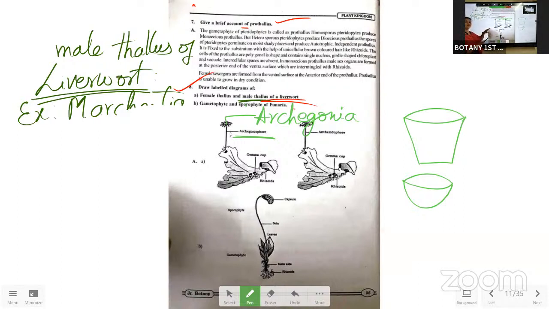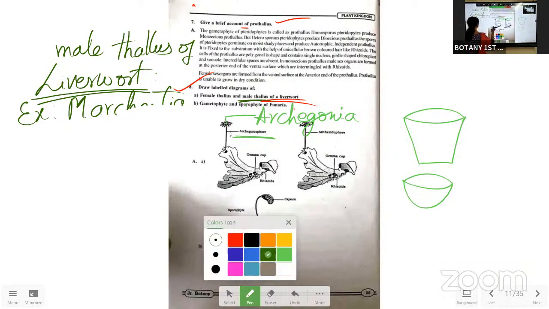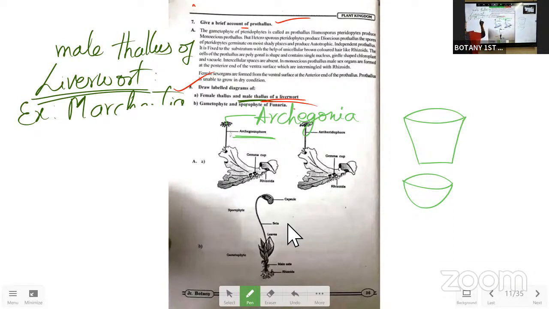Even one of my students made the same mistake. They rubbed the same diagram in the heading, female, struck off the FE, rubbed the same diagram and started going with the male thallus. Then how can they see the female thallus again? It's not possible. Here I can do it, but you should draw separately. Okay, I'm just making everything clear. Don't say that ma'am did like that and even we are doing.